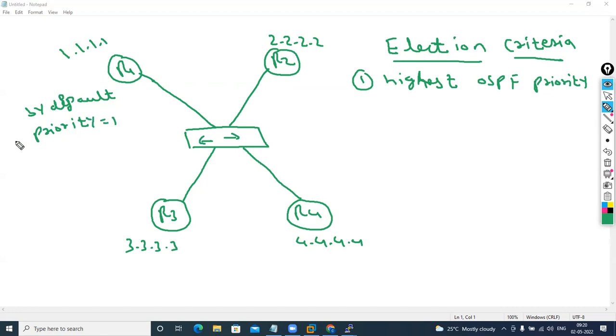By default, OSPF priority on all the routers is 1. So first it will check the highest OSPF priority. If same, then it will check the router ID. Very good. So if same, then highest router ID.